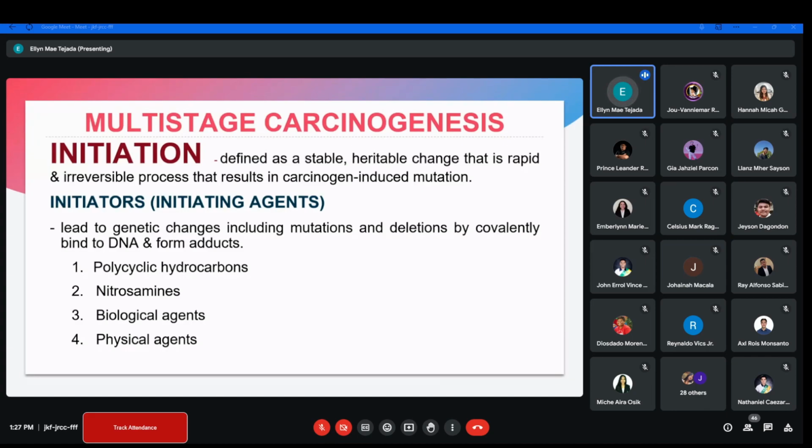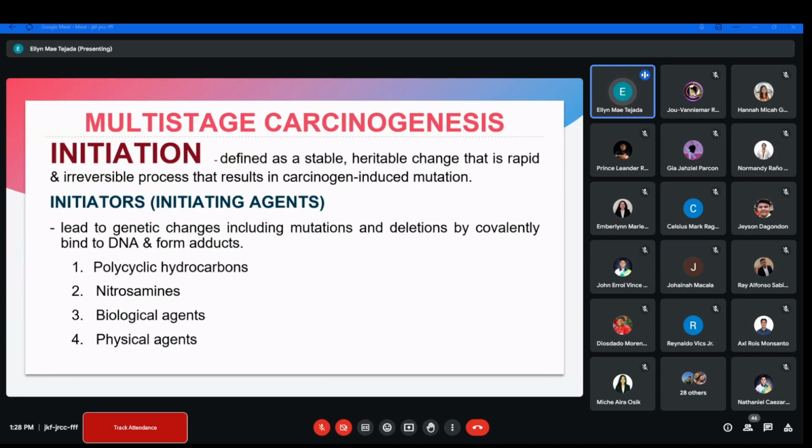So let us individually see the process of this multi-stage carcinogenesis. Again, as I mentioned, the first thing that comes is the initiation. It is a process defined as a stable, heritable change, and this stage is a rapid but irreversible process that results in a carcinogen-induced mutational event. The chemical and physical agents that function at this stage are referred to as initiators, also known as initiating agents.